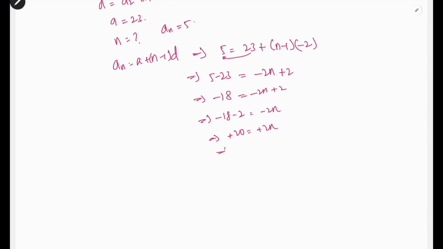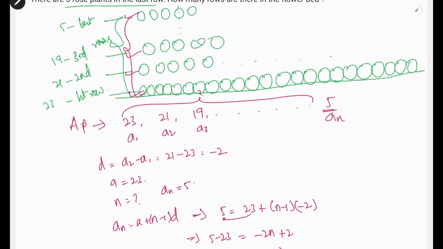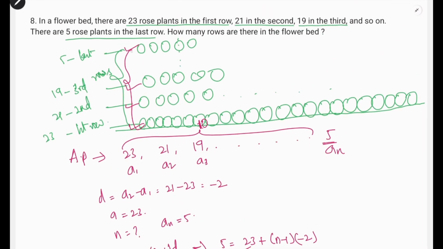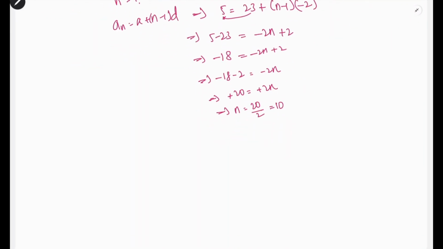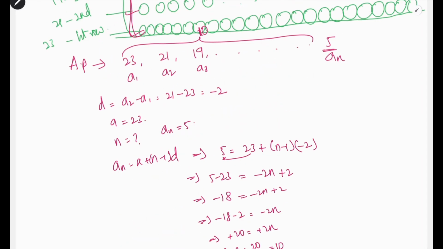Minus and minus get cancelled. n is equal to 20 by 2, it is 10. So there are a total of 10 terms. That means there are a total of 10 rows. Therefore, the number of rows is equal to 10.